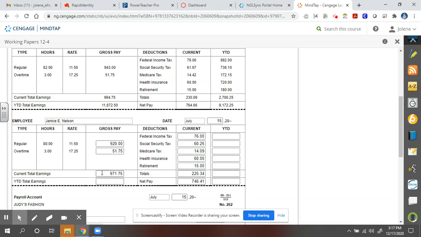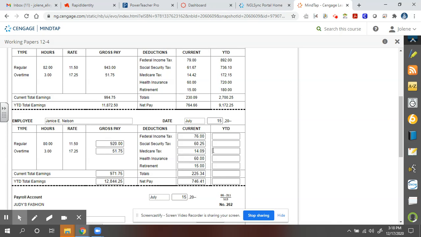Her gross pay of her new check, $971.75. So now, year to date, her gross pay from this job is $12,844.25.